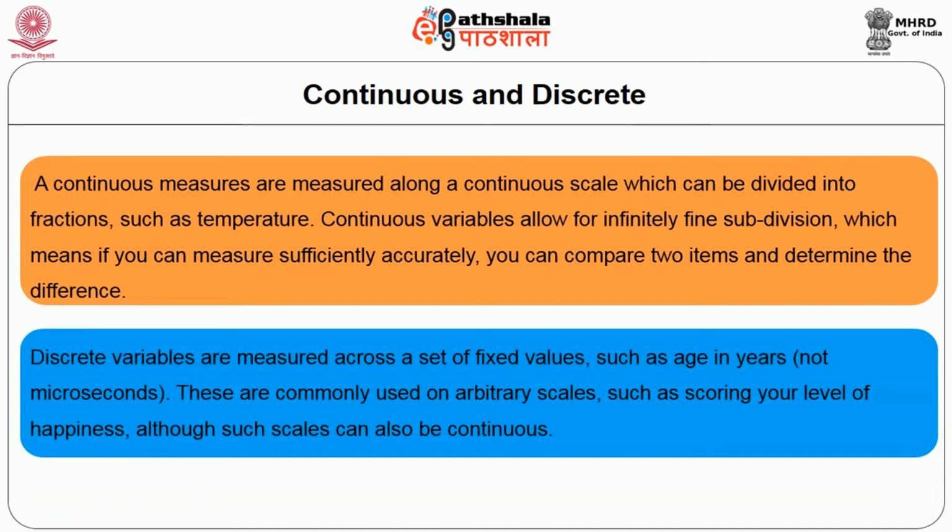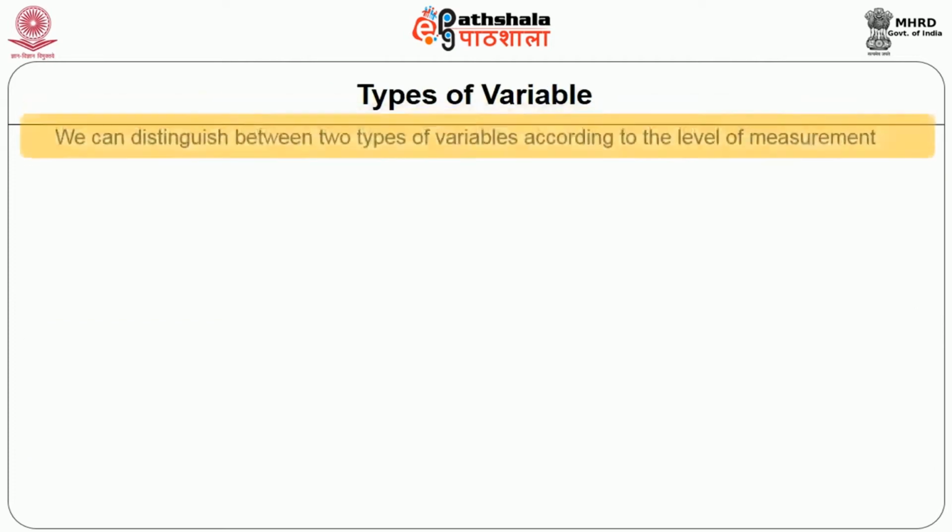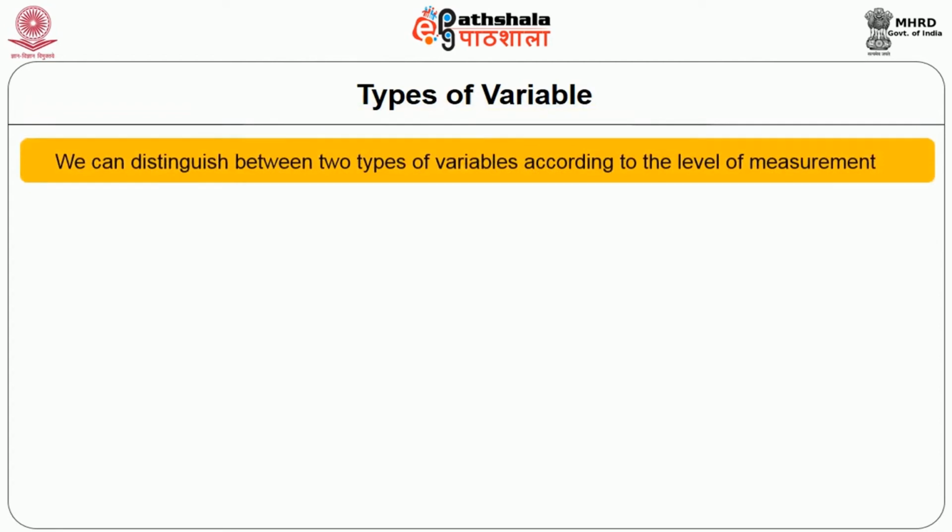Discrete variables are measured across a set of fixed values such as age in years, not in microseconds. These are commonly used on arbitrary scales such as scoring your level of happiness, although such scales can also be continuous.